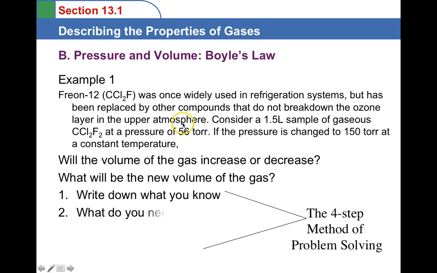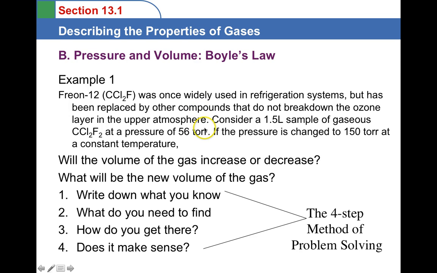All right, so pressure and volume using Boyle's Law. You're first going to read through the problem and think about it. Will the volume of the gas increase or decrease? Well, and here, let me get my pen. Okay, you have 1.5 liters of the sample, and the pressure is 56 torr.